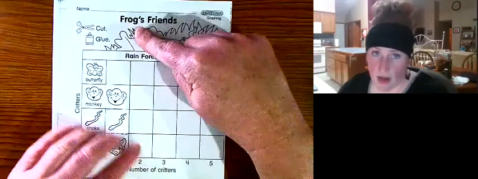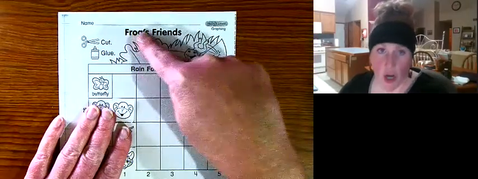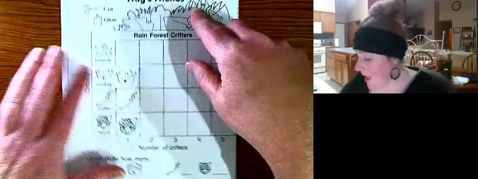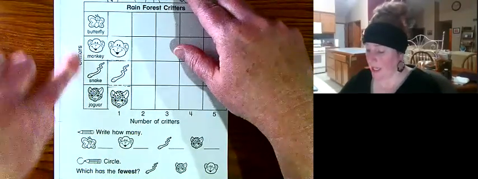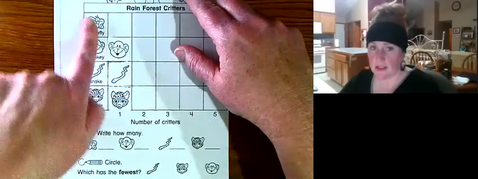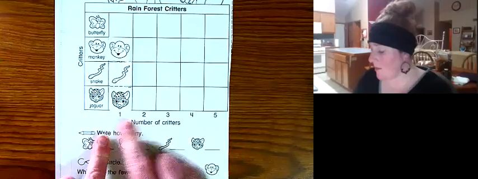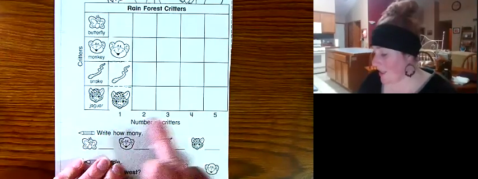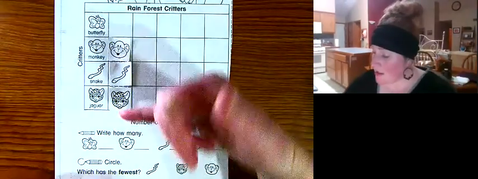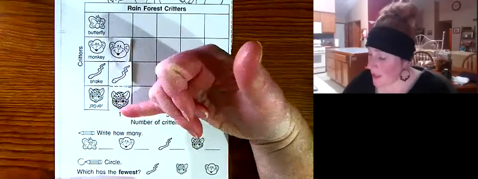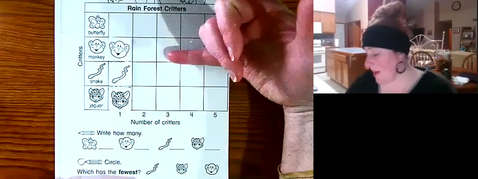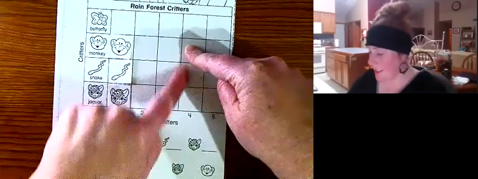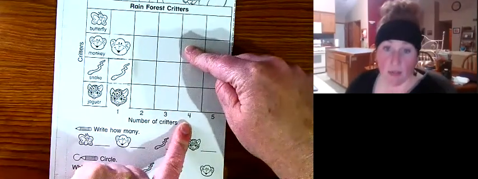So the title of this graph, it tells us up at the top, is Frog's Friends. And then here we have critters. Here's all the critters on the side. And at the bottom we have numbers, and it says number of critters. So this is telling us the number. So if you didn't want to count over how many monkeys, you could see however many monkeys are there and then look down and it tells you that number.